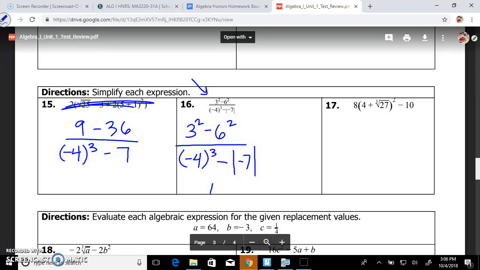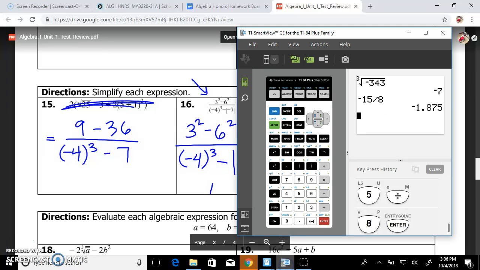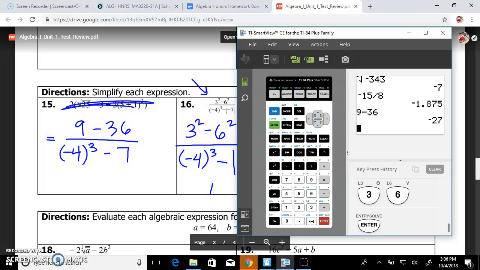And let's go ahead and simplify the top. 9 minus 36. I'm going to put that in my calculator just so I don't make a small mistake. 9 minus 36, and we get negative 27 over, let's do our exponent, negative 4 cubed. So remember, when you're doing an exponent and you have a negative, you need to put it in parentheses.